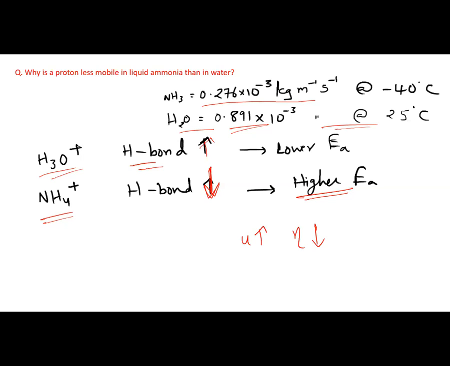This activation energy might not be available from the thermal energy. So that's why the mobility of the proton is less in liquid ammonia than in water.